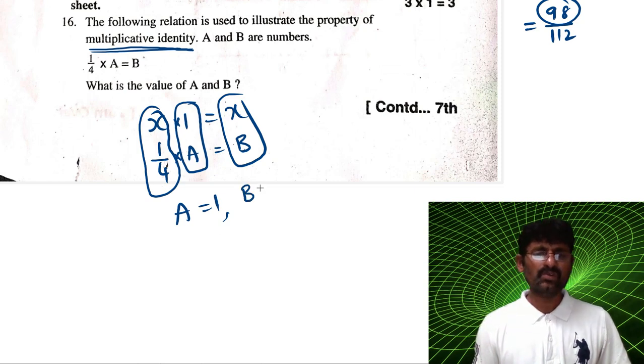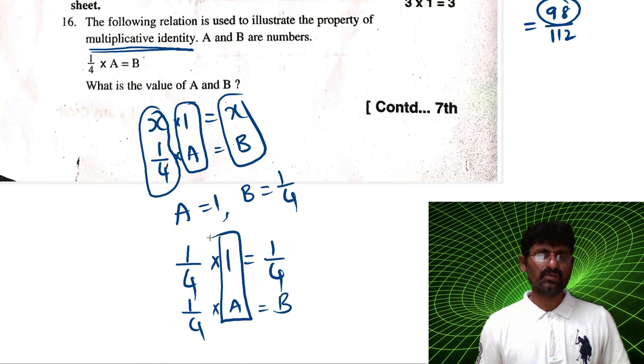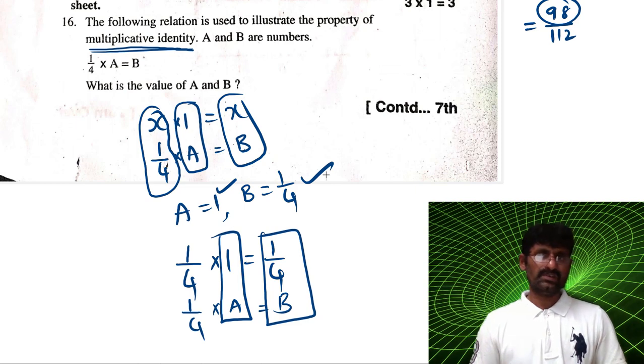So B equal to 1 by 4. Or we can write it like this. We know that 1 by 4 times 1 equal to 1 by 4. Now if we compare this with 1 by 4 times A equal to B, in the place of A we have 1, in the place of B we have 1 by 4. So A equal to 1, B equal to 1 by 4. That is the answer for this one.